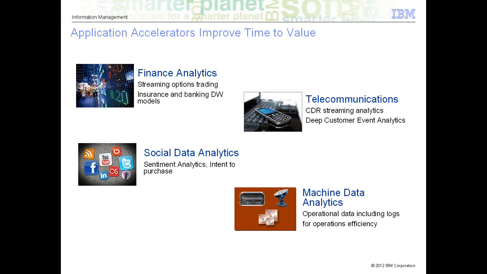And then we have specific accelerators meant for the telcos. We have handled some of the biggest telco volumes. For example, just in India, we have some telcos with call detail records, or CDRs, in the range of 6 billion per day.